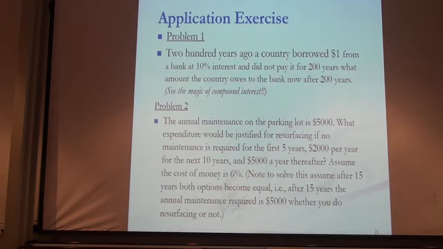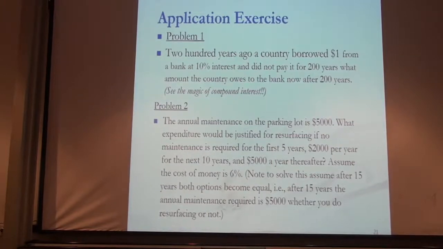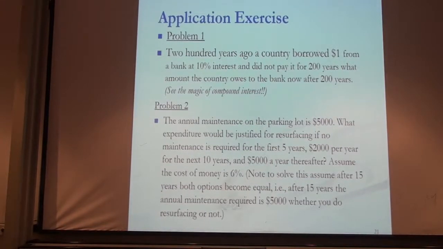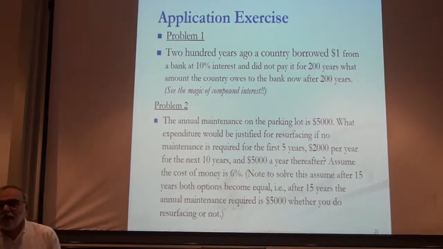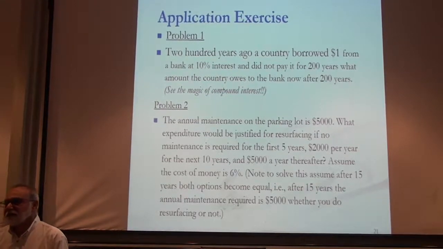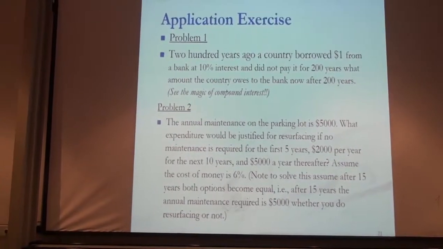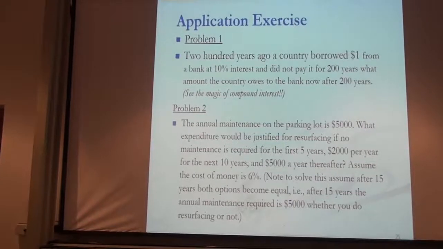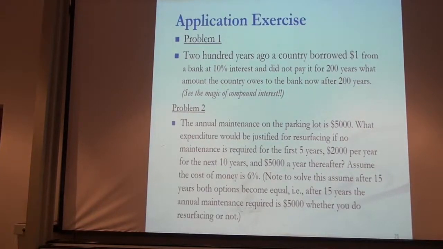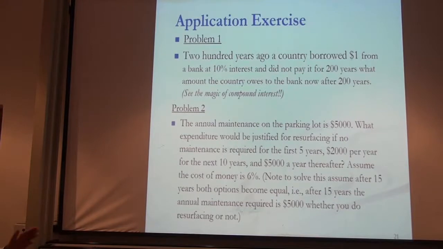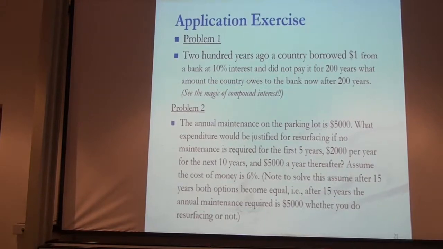What are those 2 options we have? In management decision making, most of the time we have, as a default, do nothing as one of the options. So do nothing is one option, which means that you don't resurface, and you find out the total present cost using these formulas. And then another option is that you do resurfacing.